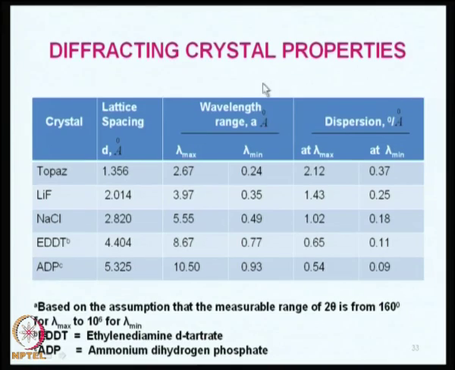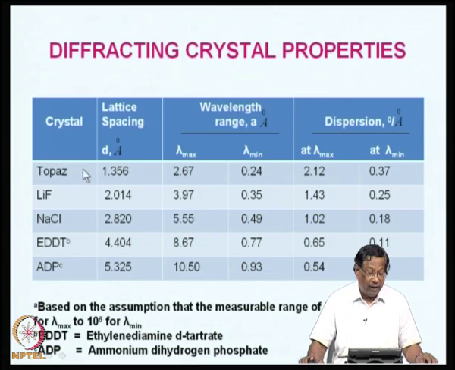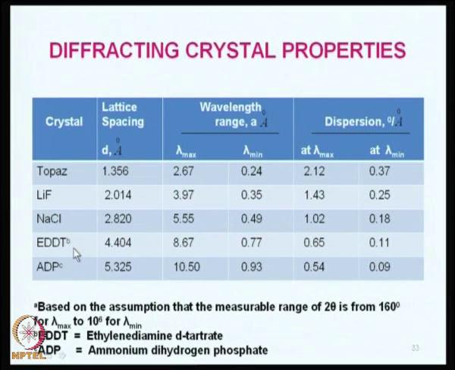Here there are some diffracting crystal properties: topaz, lithium fluoride, sodium chloride, ethylene diamine D-tartrate, and ammonium dihydrogen phosphate, etc. Their lattice spacings are given here, 1.356, 2.014, etc. The wavelength ranges are given here.